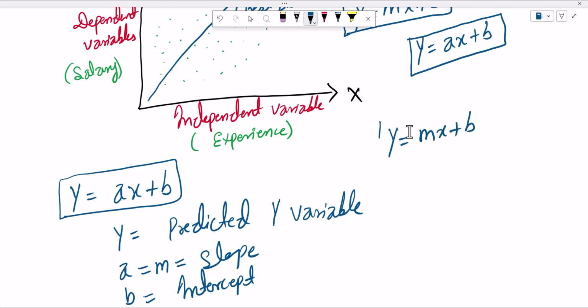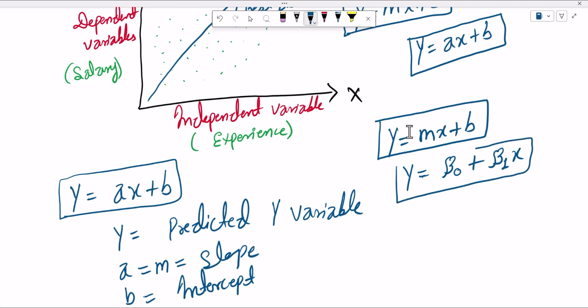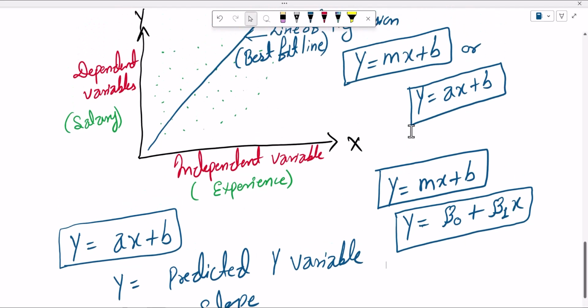Some people write y equals mx plus b, or y equals beta naught plus beta 1 x. So you need to find the intercept and slope. There are two formulas, one for slope and one for the intercept.